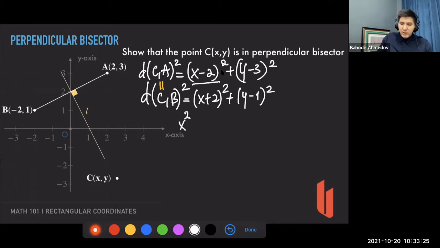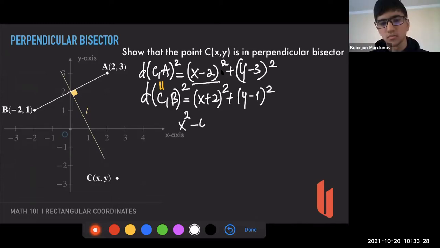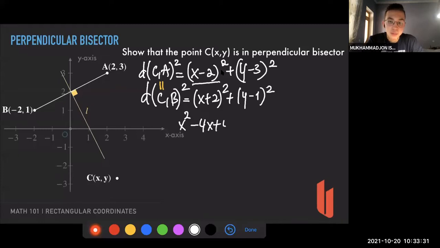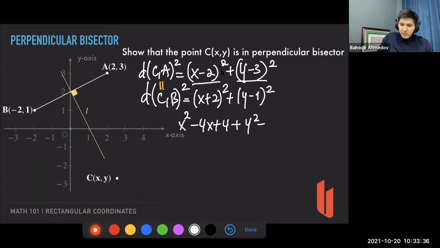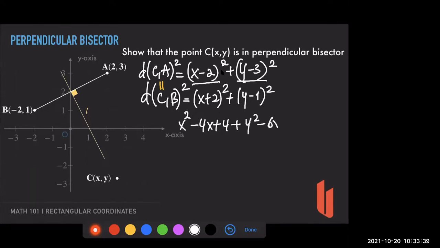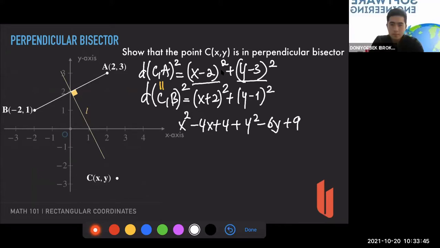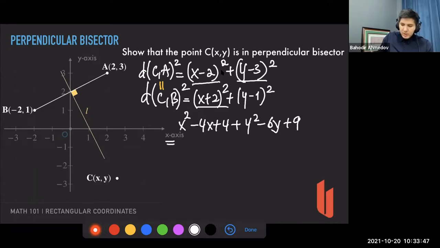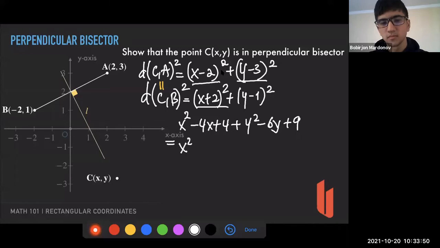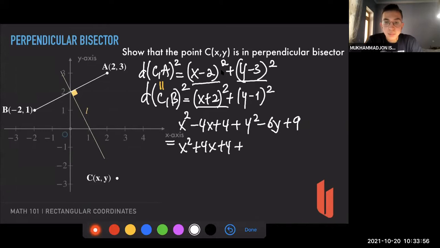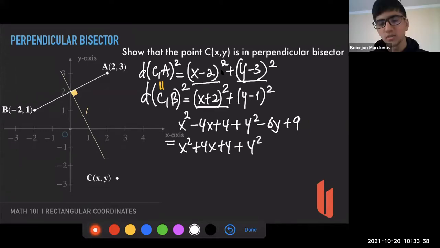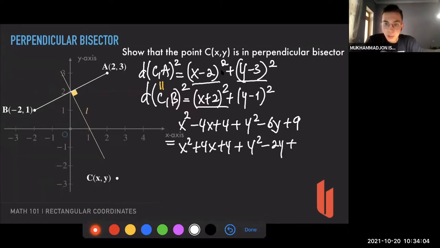x squared minus 4x plus 4, plus y squared minus 6y plus 9, it is equal to, could you please open this one? x squared plus 4x plus 4, plus y squared minus 2y plus 1.